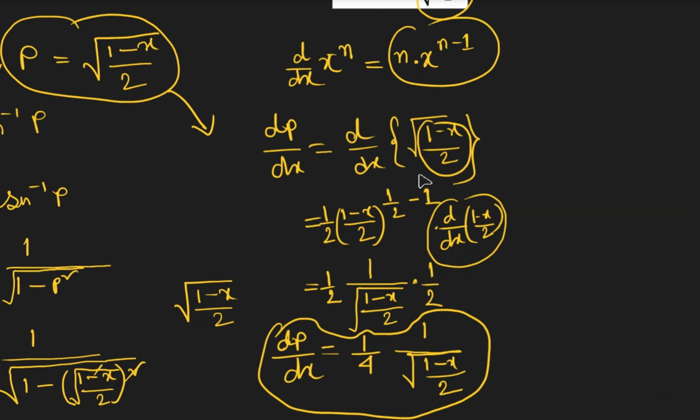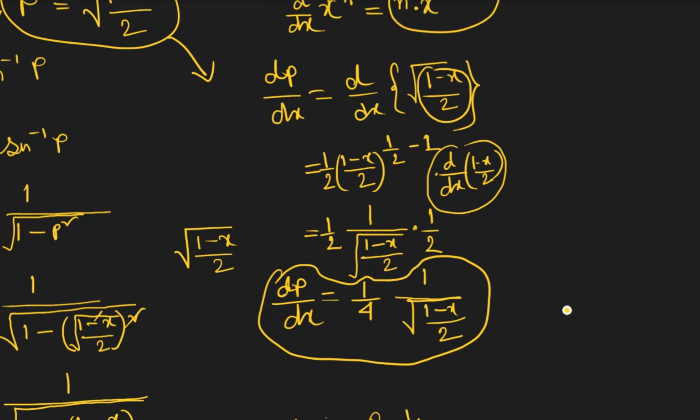Here we have made a mistake. Let's do again this part, d over dx of 1 minus x over 2. If we differentiate, first half is a constant, so this will be 0, and then minus x over 2.